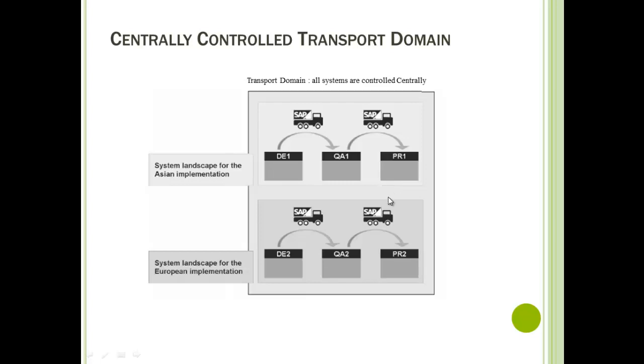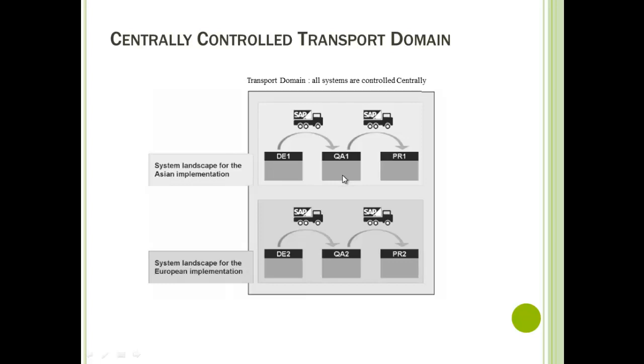So basically the domain controller is an SAP system where all the TMS configuration settings are maintained, and the changes of the configuration settings are distributed to all SAP systems. So you will do all the configuration in one SAP system, that is called the transport domain controller.